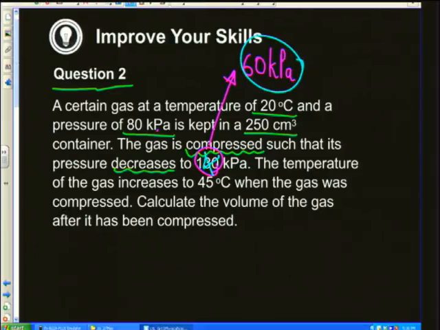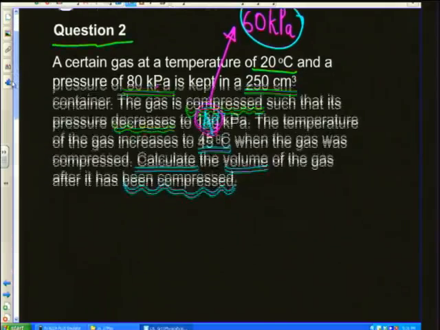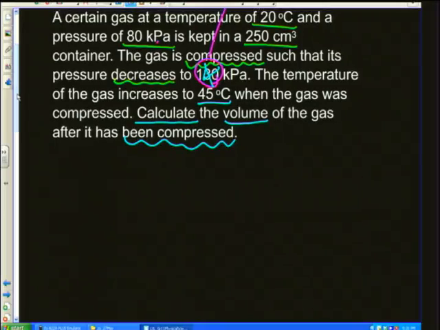The temperature of the gas increases because of the compression. It increased from 20 degrees Celsius to 45 degrees Celsius. Now, calculate the volume of the gas after it has been compressed. Let's look at what is given to us quickly. Pressure 1 is 80 kilopascals.